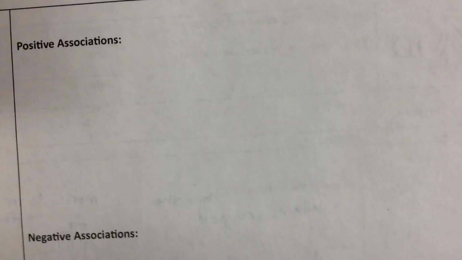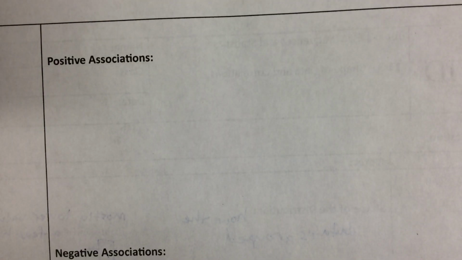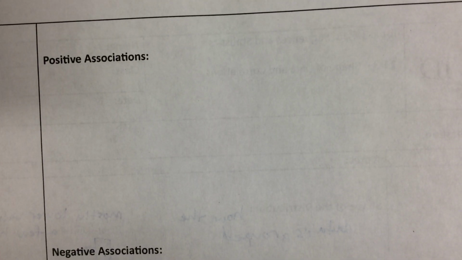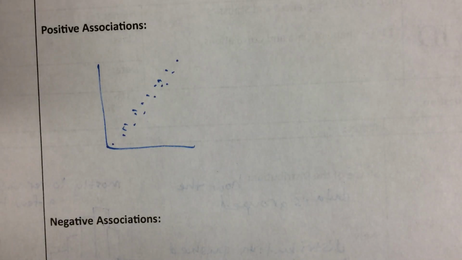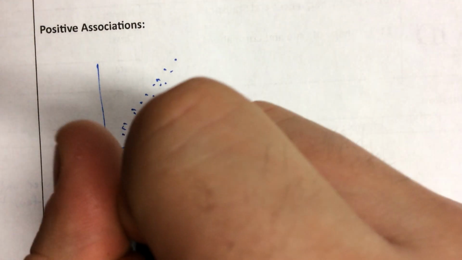All right, flip your page over. There are 3 types of associations: positive, negative, and no association. For a positive association, if you had a graph, the dots are going in an upward direction. They don't need to be in a perfectly straight line, but you could generally see that it's going up.